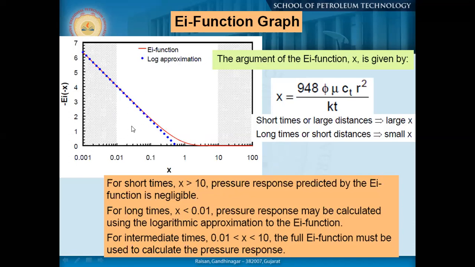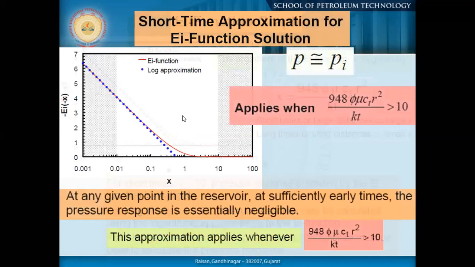So when we are trying to solve the pressure with respect to r and t, when our value of x is less than 0.01, we could take the logarithmic approximation. But for intermediate values, that is 0.01 to 10, we need to expand fully the exponential integral. So this is the short time approximation for the EI function solution.